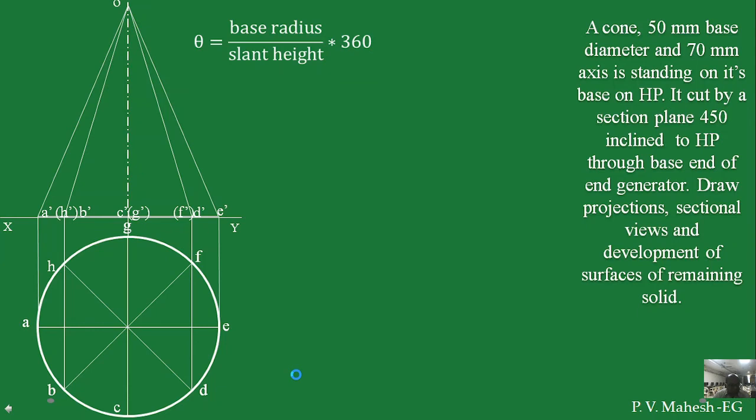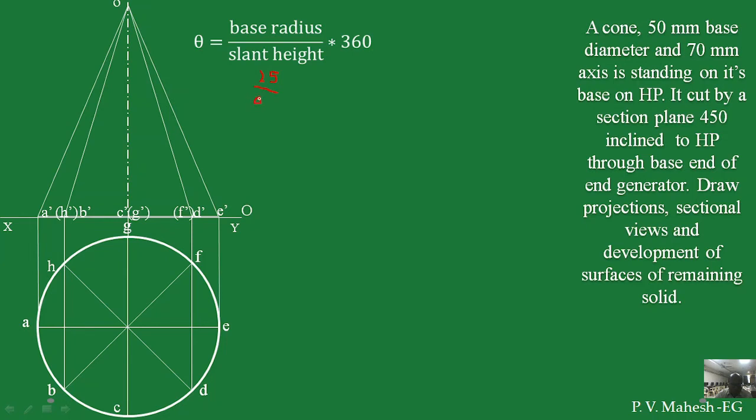Now with radius O dash E dash, O dash E dash is radius, and what is the angle? Angle is given by theta is equal to 25. So base radius is 25, but slant radius we don't know. What is the slant height?